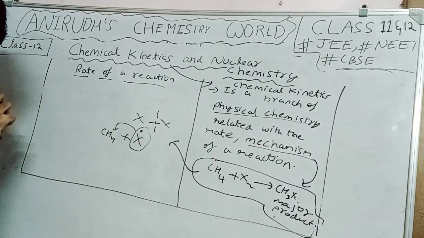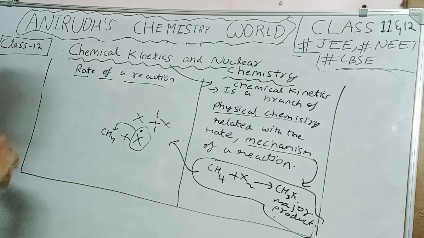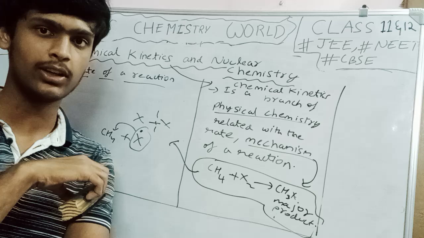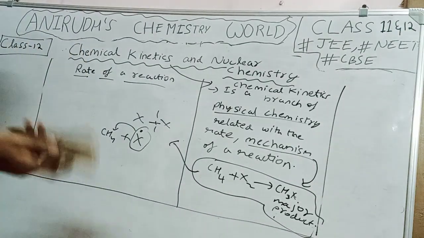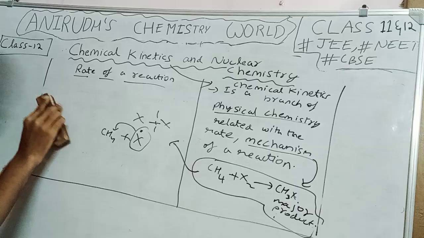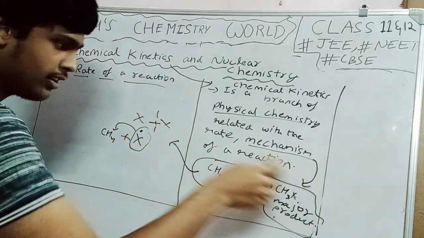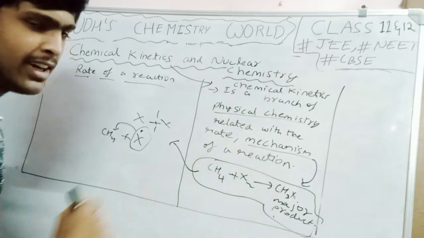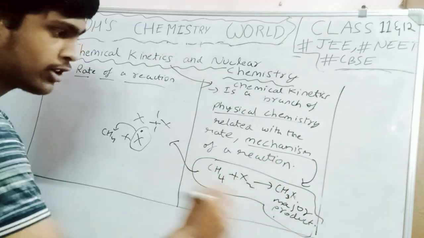You just note this down, and I'll be discussing the formula related to rate of reaction. I think there's no need to note this down, but for your understanding you can note it in your short notes.